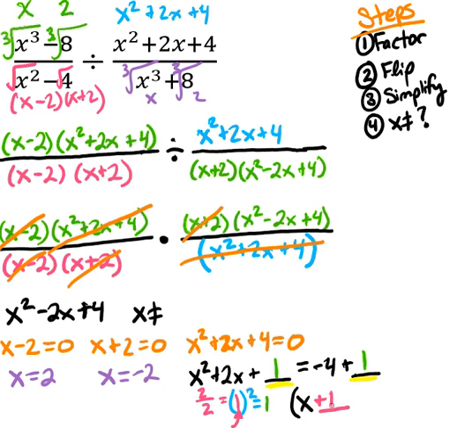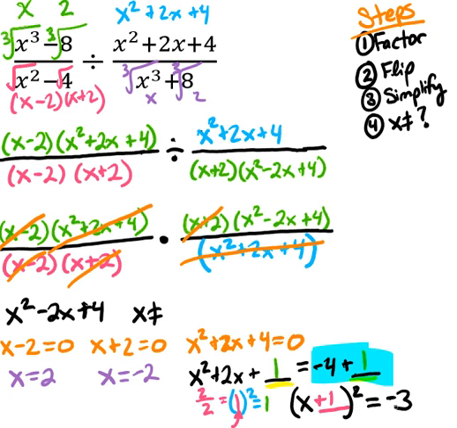So we're going to have x plus 1, and then we're going to square that because we had to square it over here. Then we're going to set that equal to what this right-hand side equaled. And negative 4 plus 1 is negative 3.